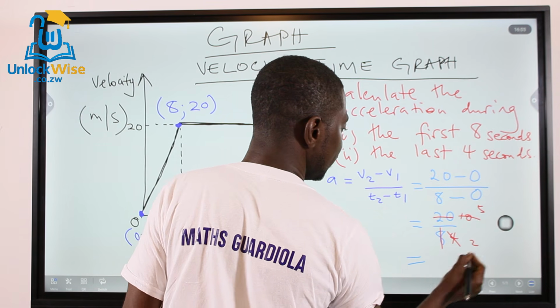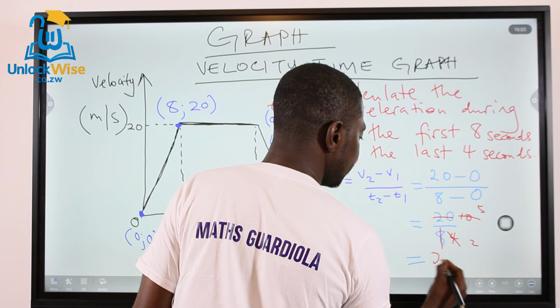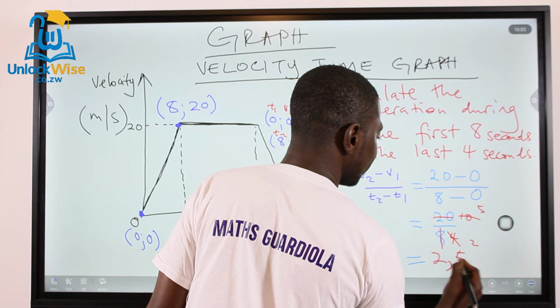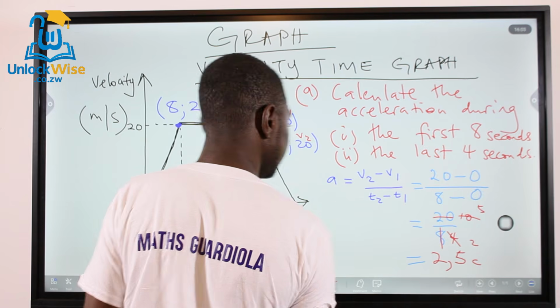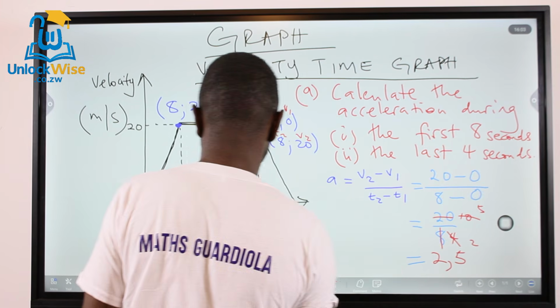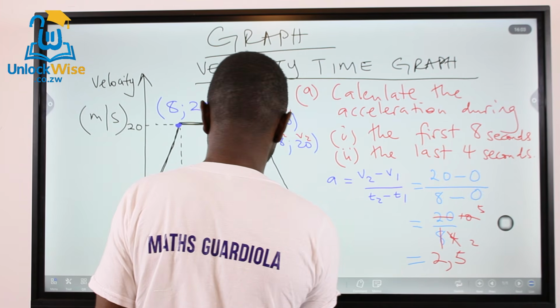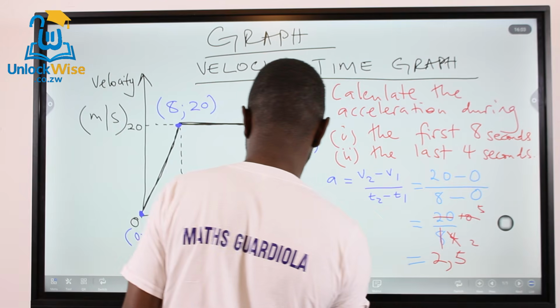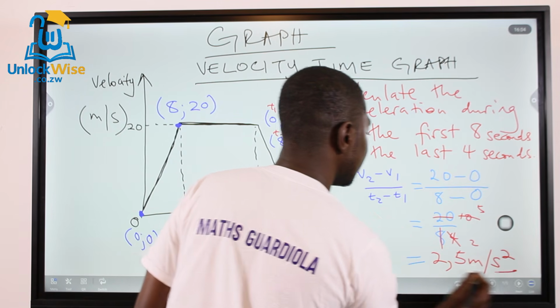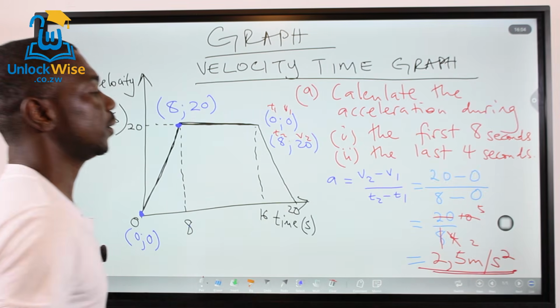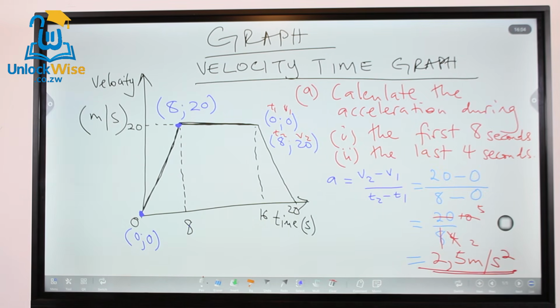So this will give me 5 divided by 2, which is something like 2.5. And the unit for acceleration is meters per square second. So this will be my acceleration, right?